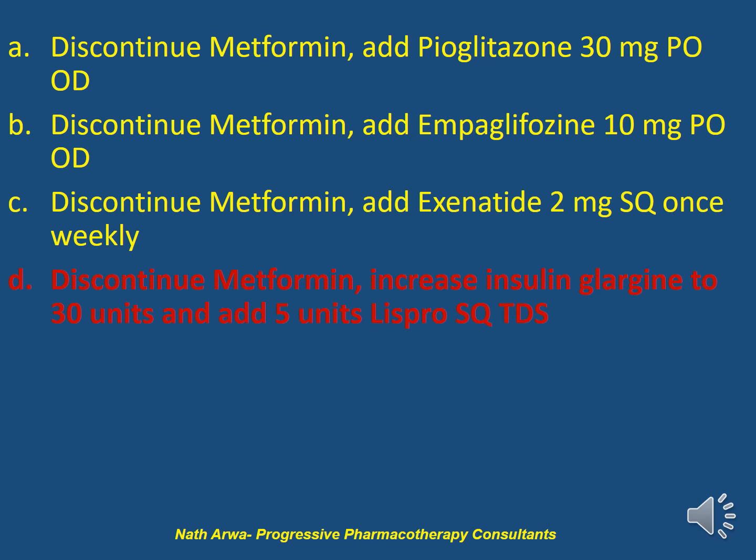Now, empagliflozin is not a good option since it's contraindicated in patients with estimated glomerular filtration rates below 30. Remember, our patient is in the 15 to 30 range, so it would be hazardous.